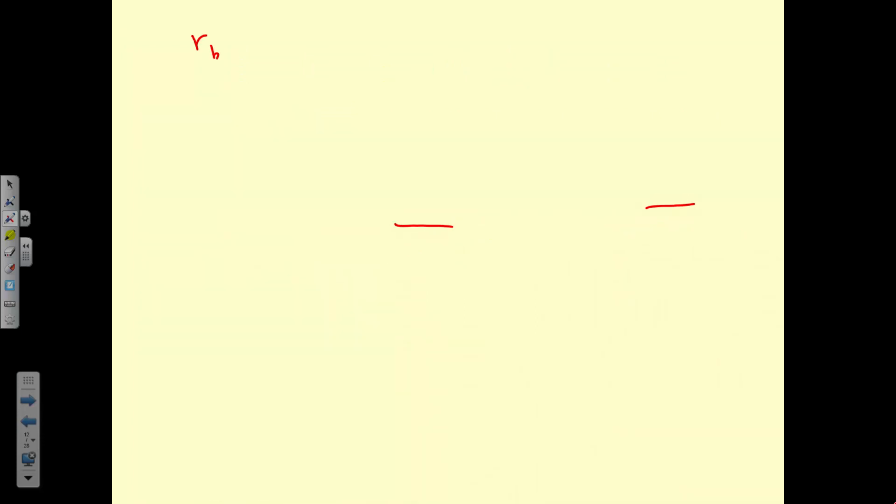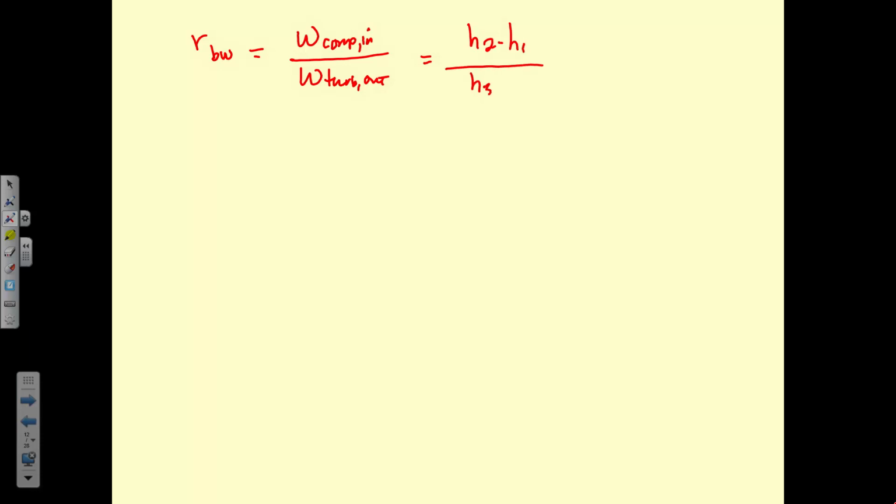So we can say that the back work ratio is equal to the work of the compressor in divided by the work of the turbine out. And that's equal to H2 minus H1 over H3 minus H4.